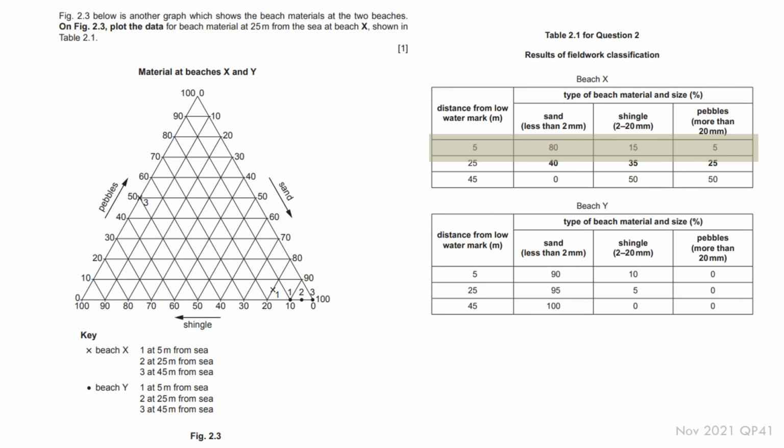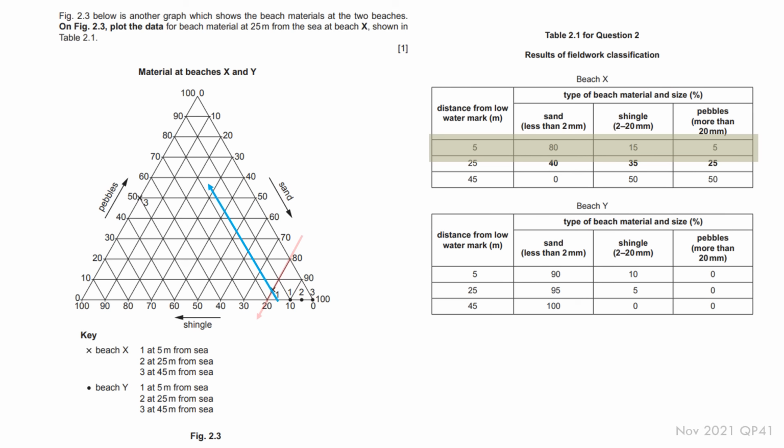So along the sides of the triangle, you've got the various different axes for pebbles, shingle and sand. So if I was going to look at sand, it's 80%. I'm going down the right hand side because that's what the arrow tells me to do. And so I'm going to draw a line from 80 going downwards, and you can see that crosses with 1. For shingle, I am looking at the bottom one, and you can see here that the lines go diagonally up.